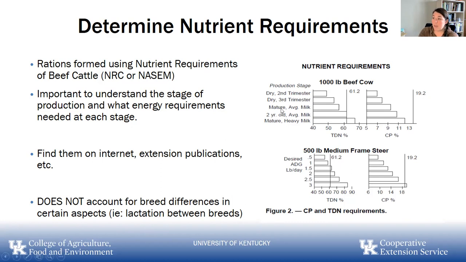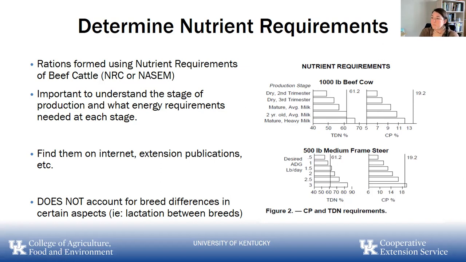Whereas in the third trimester, they're going to need about 55 and about 8. And then a second-year-old, average milk, mature, heavy in lactation, she's going to need about 60 to 65% TDN because she needs to use more energy, and about 12% protein. So our energy requirements are going to go up based on what they're producing.